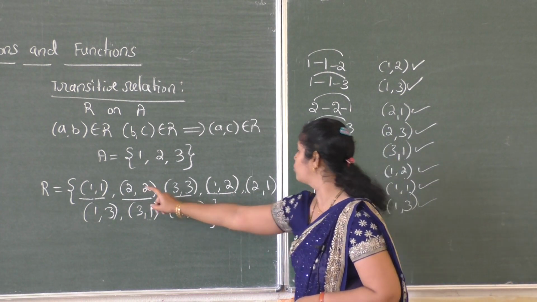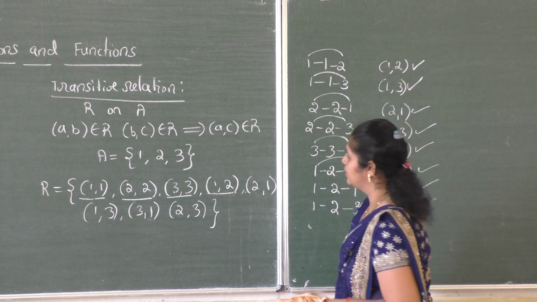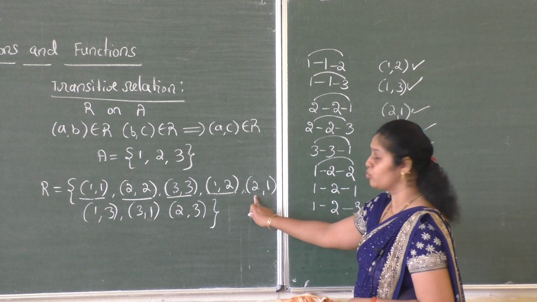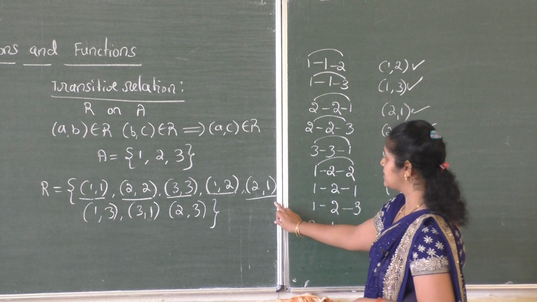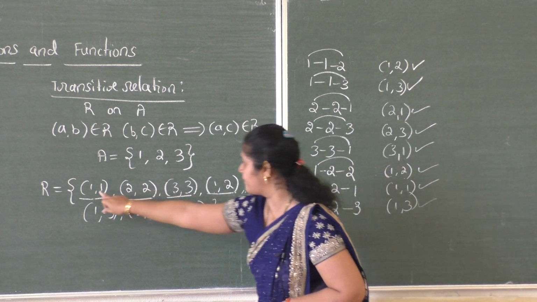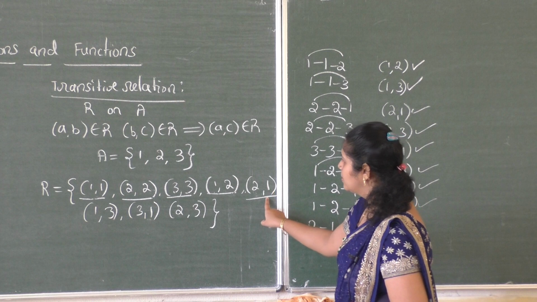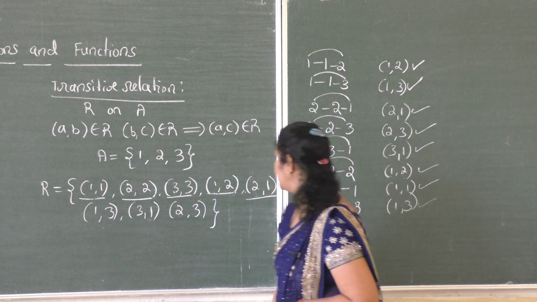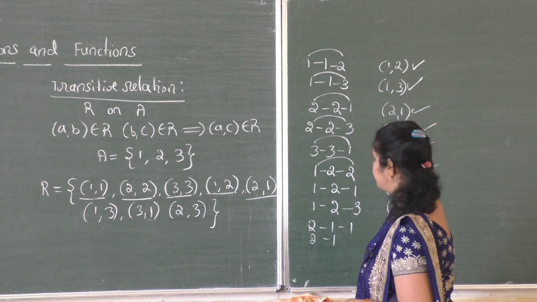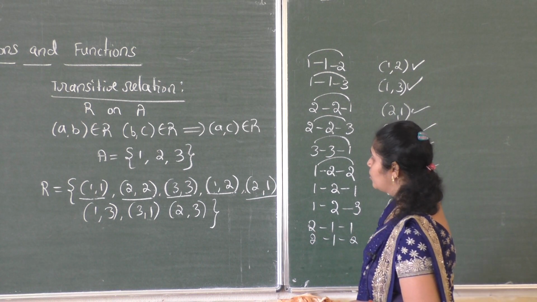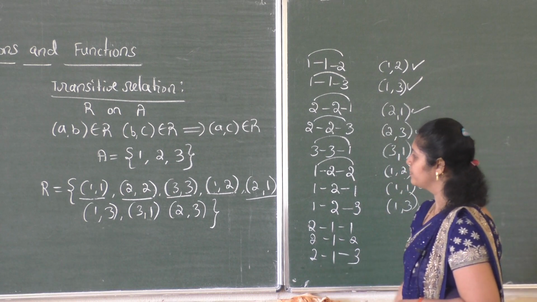So we have (2,2), you can take (2,2), (2,1), and (2,3). Now let us write (2,1). 2 goes to 1. Then starting with 1, you have (1,1), (1,3), and (1,2). So 2 goes to 1, 1 goes to 2, and 2 goes to 1, 1 goes to 3.